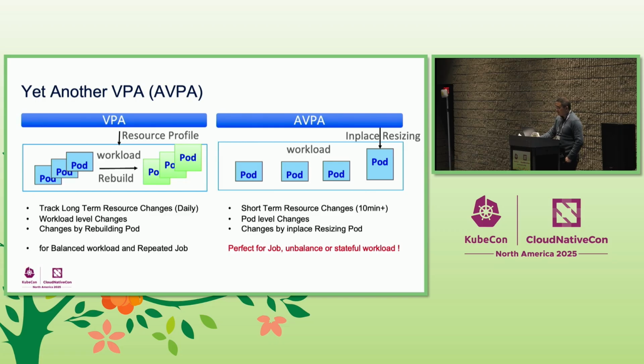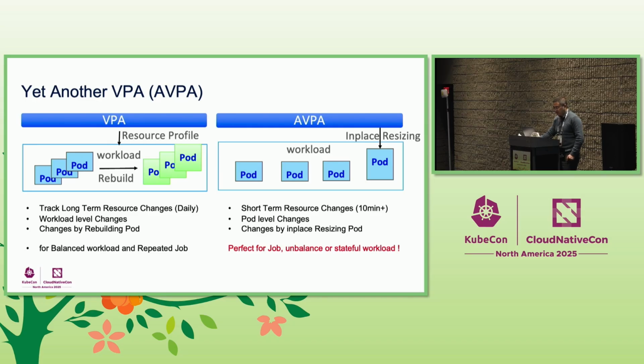Existing VPA works quite well for workloads with balanced traffic distribution and for repeated jobs such as cron jobs. However, it is a bad choice for one-time jobs and workloads with unbalanced traffic distribution. We often call such use cases applications that have hotspots.